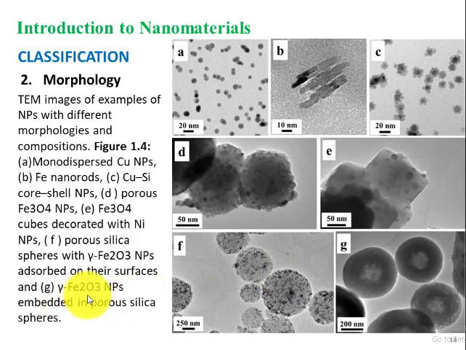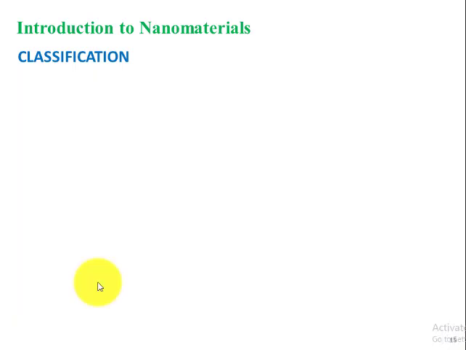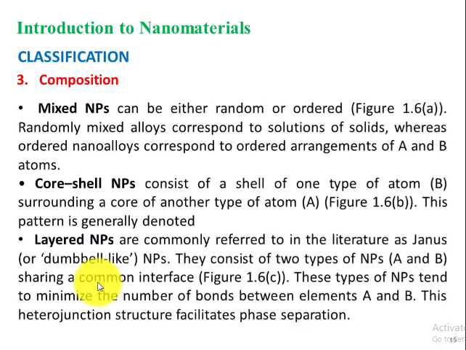Similarly, in figure G, gamma iron oxide nanoparticle spheres are shown. The third category of nanoparticles is the composition of the nanomaterials or nanoparticles. Nanoparticles can be divided into three types: mixed nanoparticles, core shell nanoparticles, or layered nanoparticles.